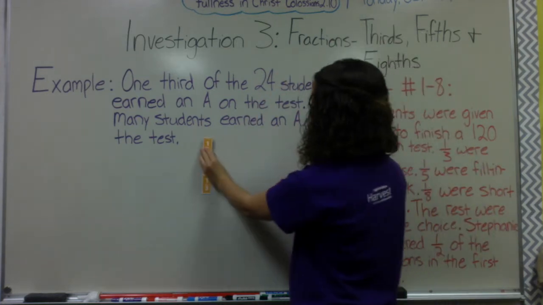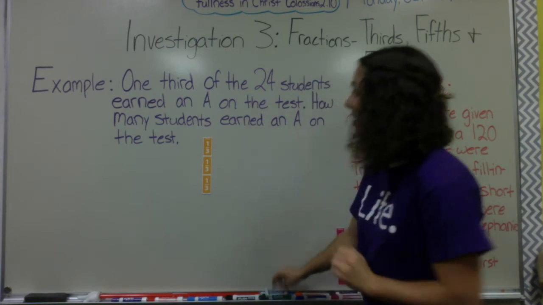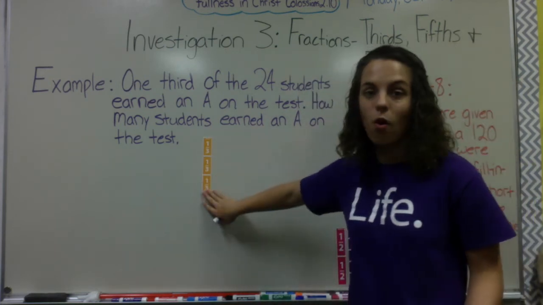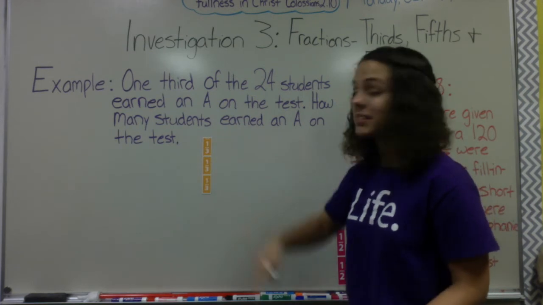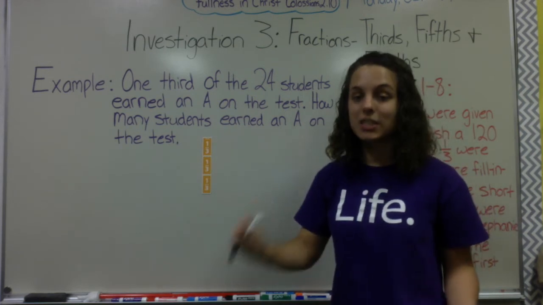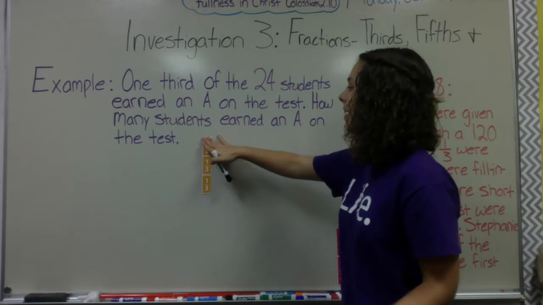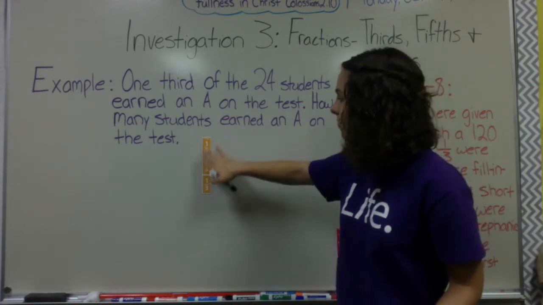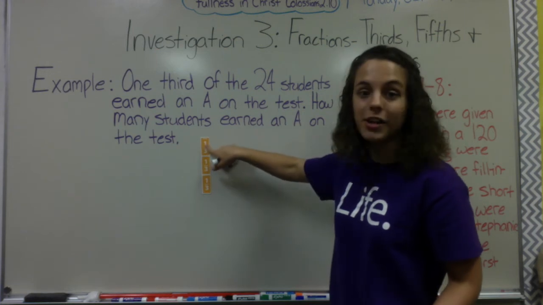How many students earned an A on the test? So I already explained to you, I have 24 students all together as my whole. I have them split up into 3 equal groups. That is a division problem. 24 divided by 3. I have 3 groups, and I want to know how many are in one group.